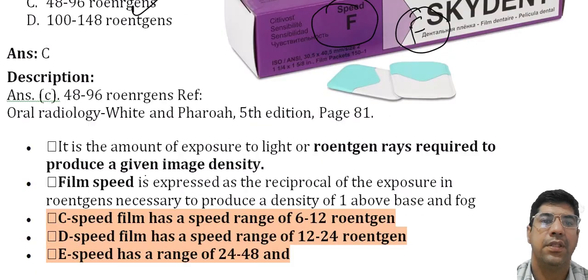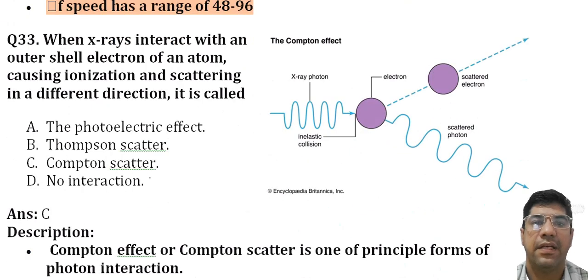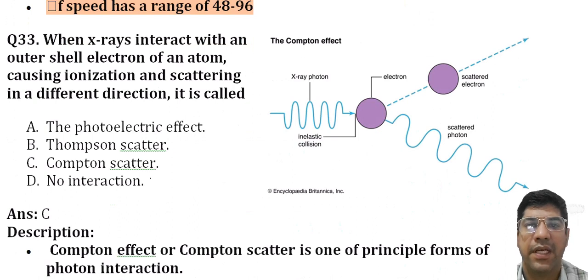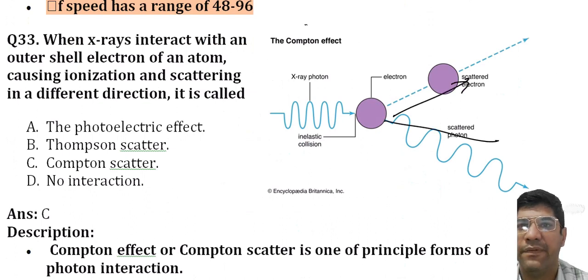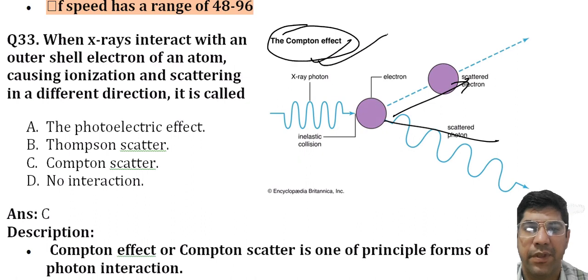The next question: when an X-ray interacts with the outer shell electron of an atom, it causes ionization and scattering in a different direction. So that is the Compton effect. We have already discussed before how to remember the Compton, Thomson and the photoelectric effect.